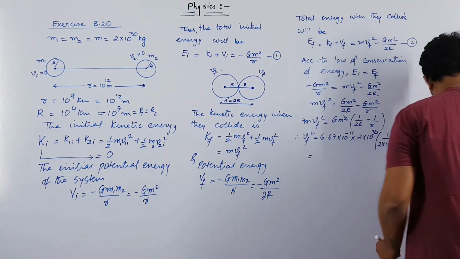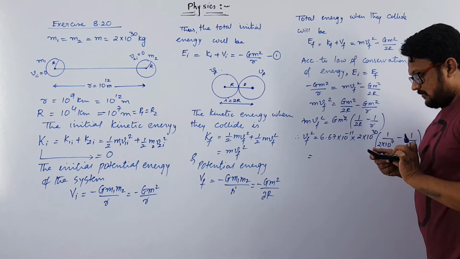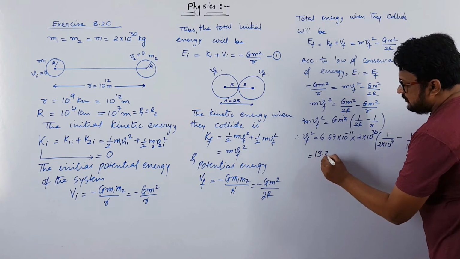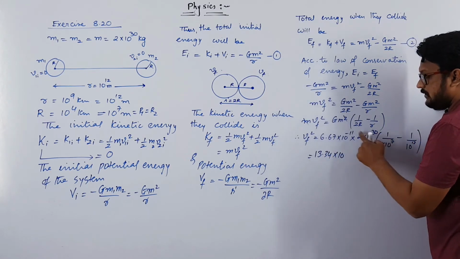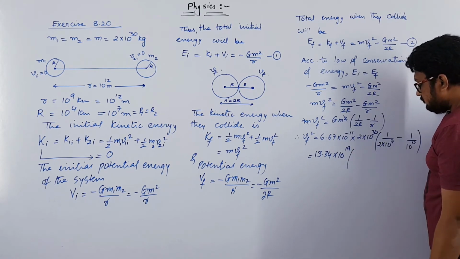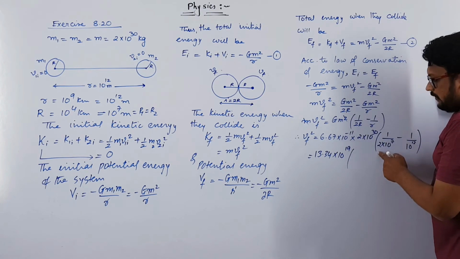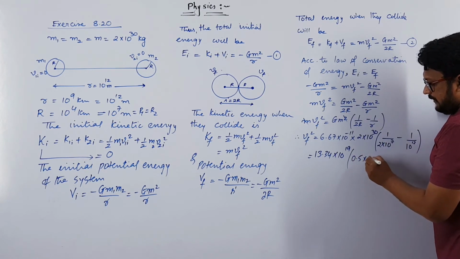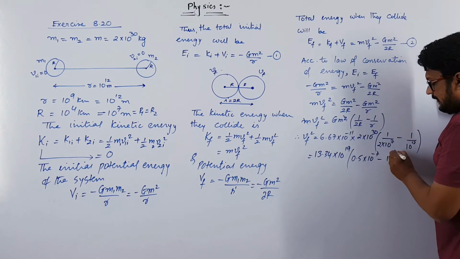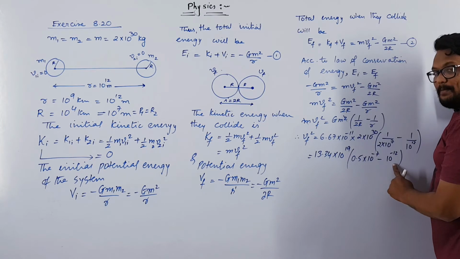So let us simplify this. 6.67 into 2 will give you 13.34. 13.34 into 10 to the power 30 minus 11 is 19, into, you can cross multiply this, or simply you can directly write 1 by 2 is 0.5. So this is 0.5 into 10 to the power minus 7 minus 1 by 12 is 10 to the power minus 12. Right. So either you have to convert this into minus 12 or this into minus 7.